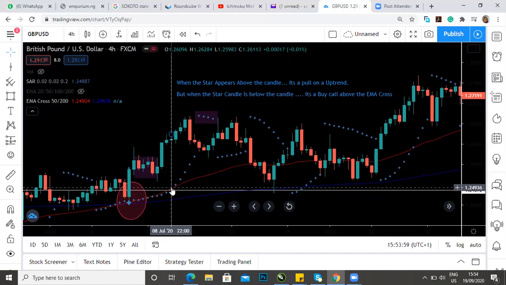So if we have an indication from the SAR to sell, we ignore it. Yes, because it's a pullback. Gotcha. So I think the buy is clear now, right?